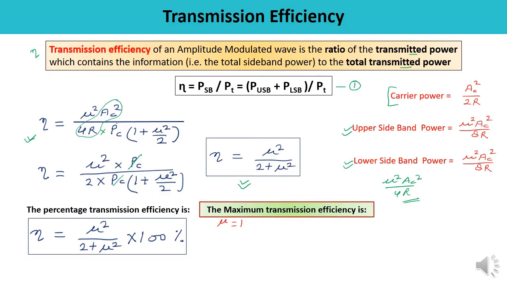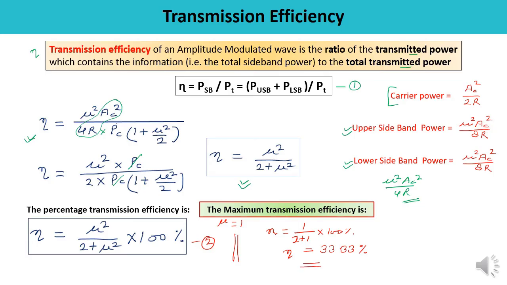If you substitute mu as 1 in equation number 2, eta is 1 upon 2 plus 1 into 100%, which comes out as 33.33%.